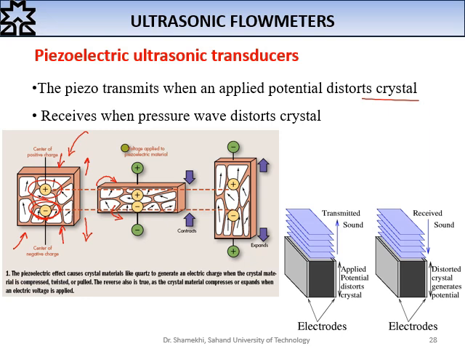And also when we apply a voltage on this material, for example, if we put a positive and negative polarity on this lattice structure in the crystal, like poles repel each other and unlike poles attract each other.